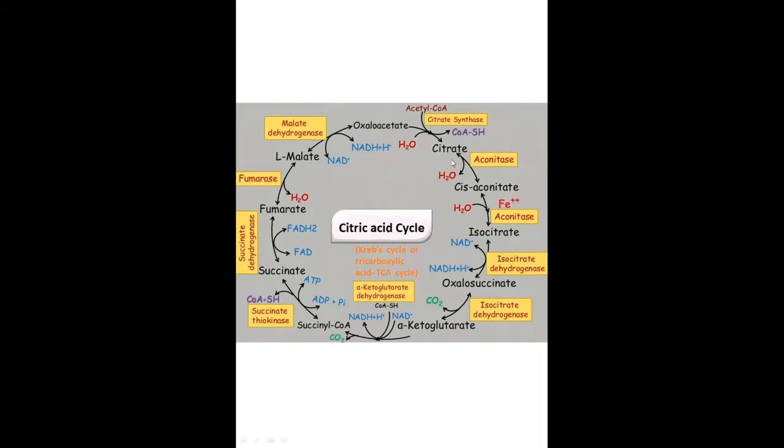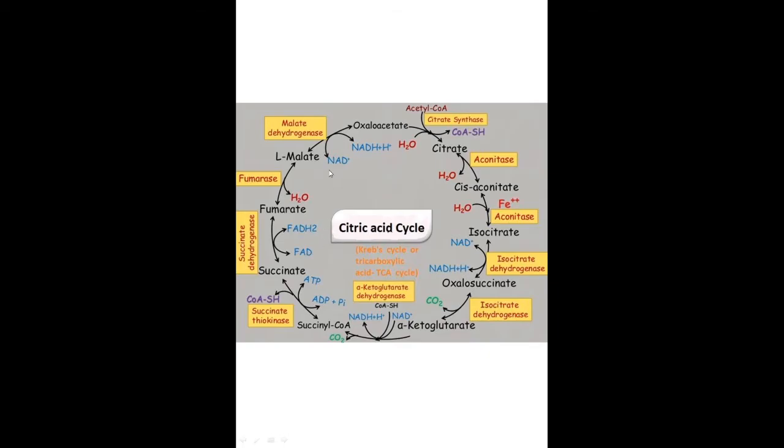Another thing, in this cycle, no oxygen as such is observed. There is no oxygen directly involved. But Krebs cycle is aerobic, essentially aerobic. Why or how? Because the NADH or FADH2 must go to the respiratory chain for oxidation to regenerate FAD or NAD.